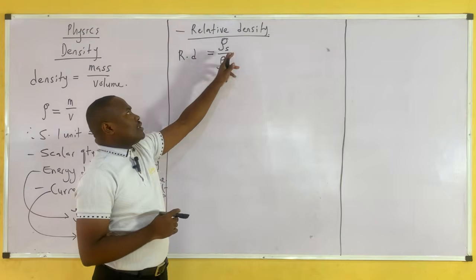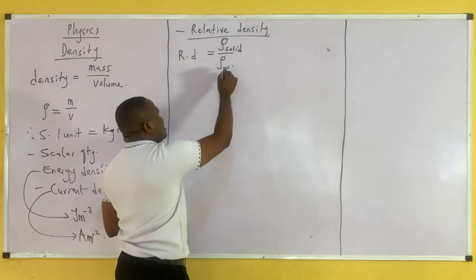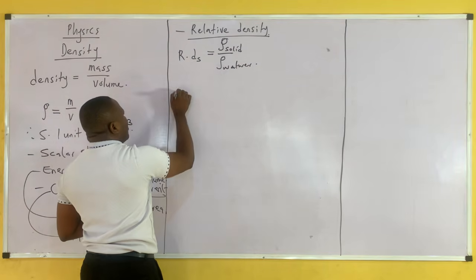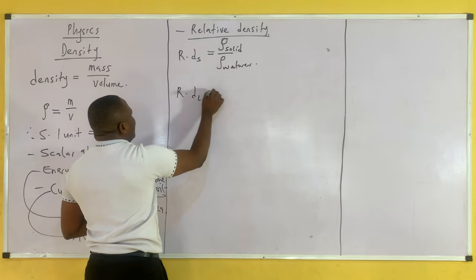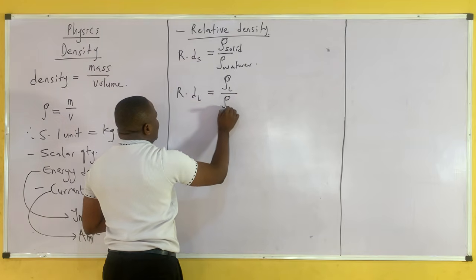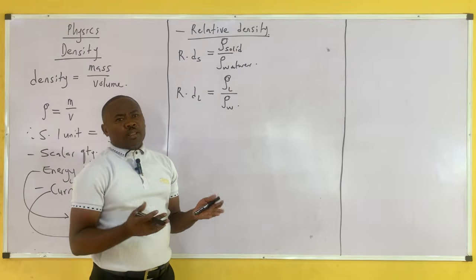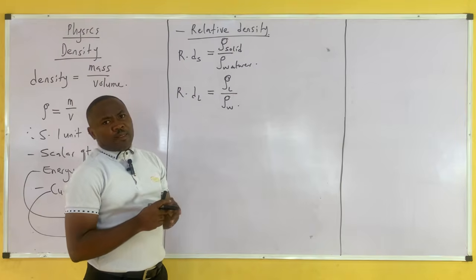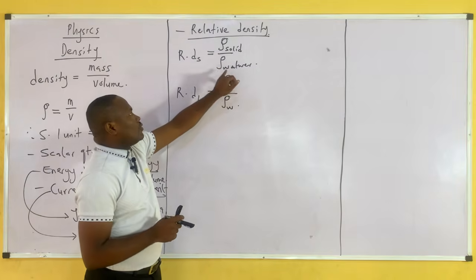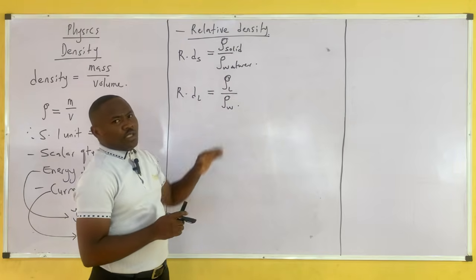If it's a solid, it will be the density of the solid over the density of water. Relative density of a liquid will be the density of the liquid over the density of water, because solids and liquids are best compared using water.